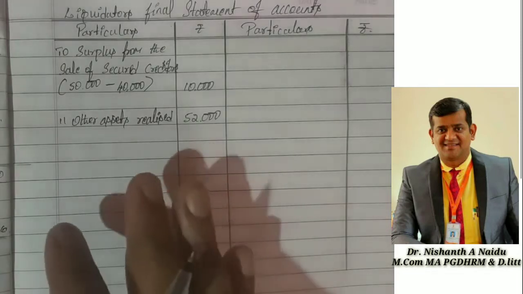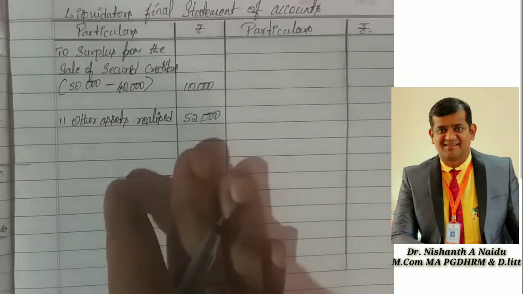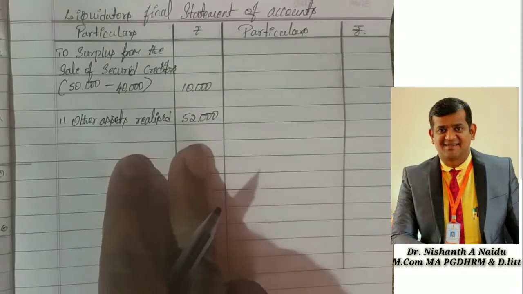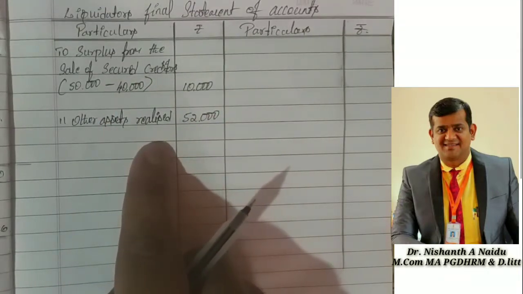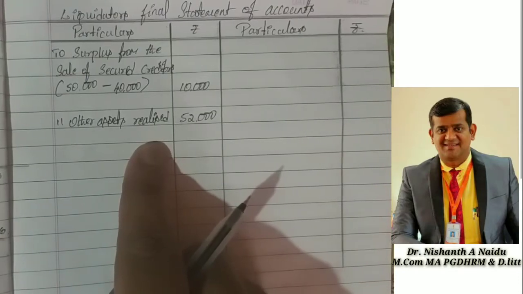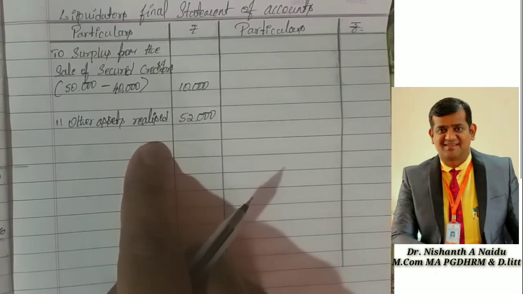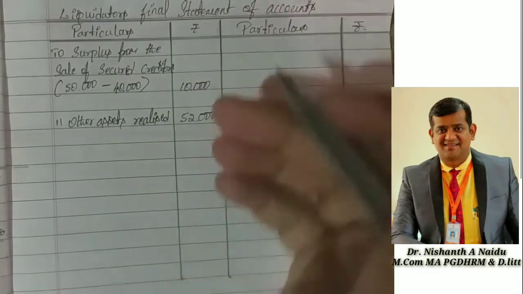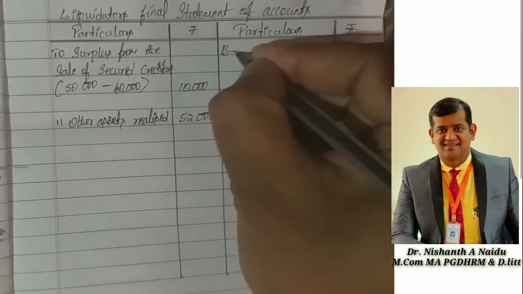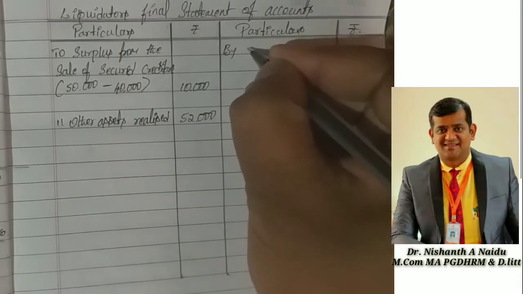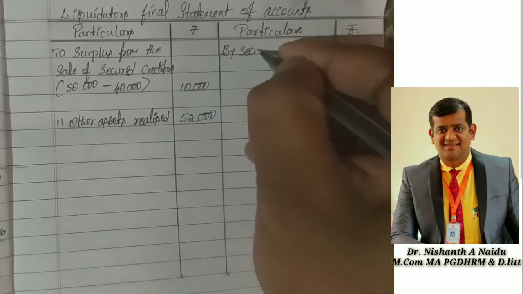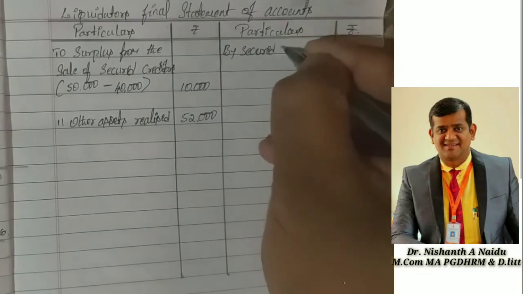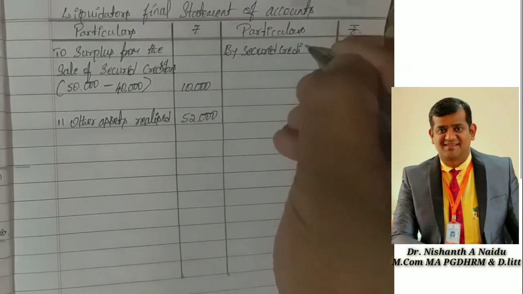Now, whatever the assets have been sold, the amount we have received by selling the assets, I have written here. Now whatever payments and settlements we are supposed to make, we are supposed to do that. So let us write down, first, always we write, by secured creditors.